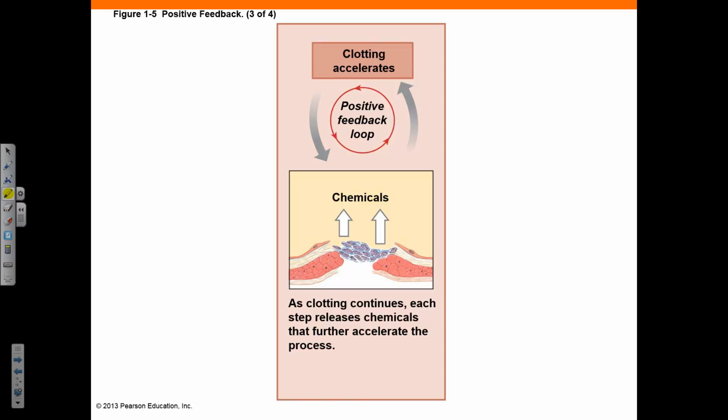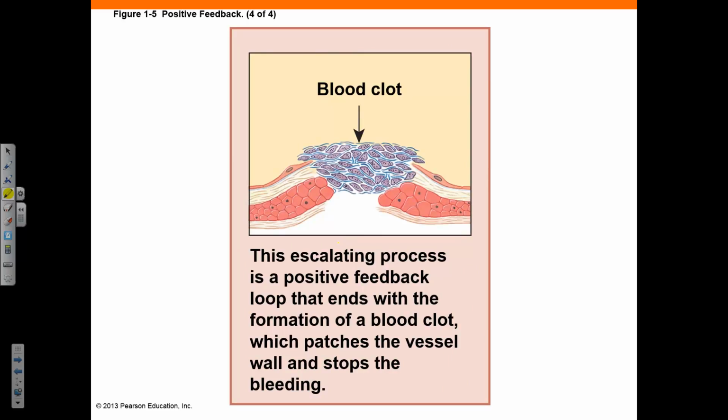As this process proceeds, more chemicals are released, causing the clotting to accelerate, a positive feedback loop. More clotting leads to more chemicals being released, resulting in more clotting, and so on. The positive feedback loop is turned off once the clot has completely formed and the damaged vessel has been repaired. The bleeding is stopped and homeostasis is restored.